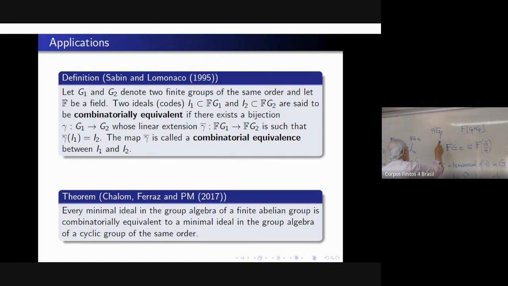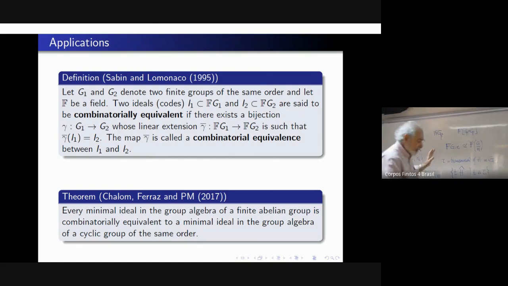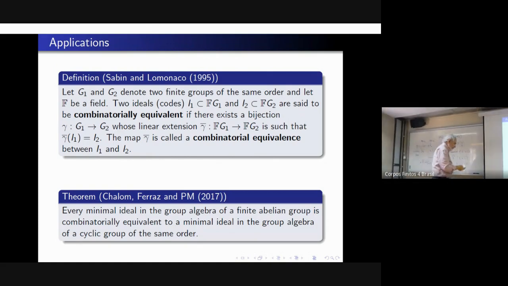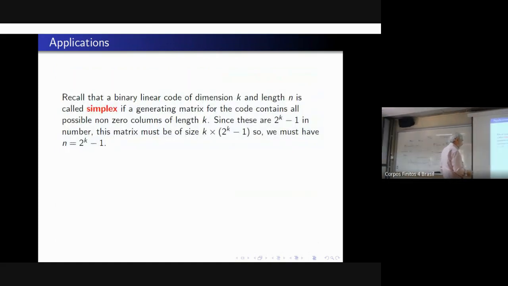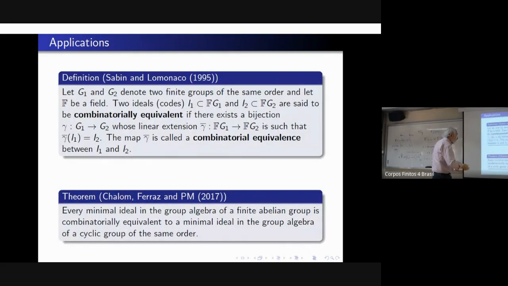Of course, for minimal ideals, nothing happened, but we were able to prove that there are better codes here than here. But this was a long time ago. Later, we found this result that explains why we couldn't find things like that for minimal ideals.